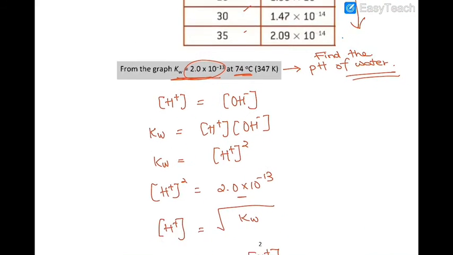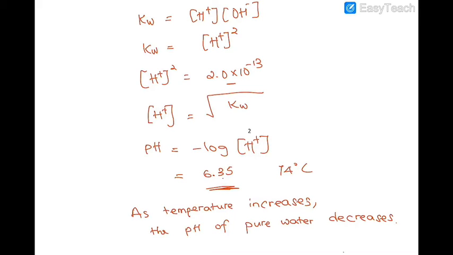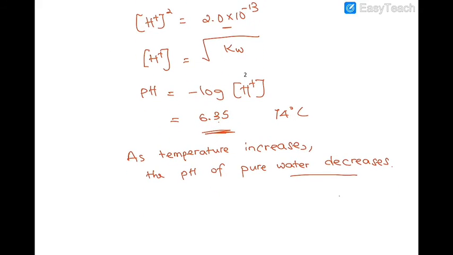So as you can see, at 74 degrees Celsius, the pH of pure water is 6.35, which means that the pH of pure water is going to decrease at higher temperatures. This does not mean that water becomes acidic at higher temperature, but it means that the neutral pH of pure water is going to decrease with increasing temperature.